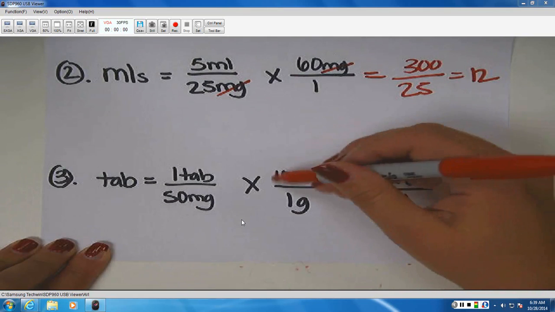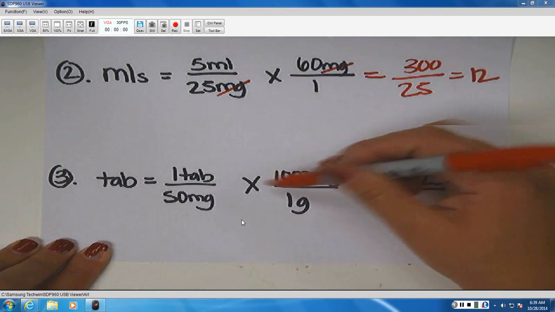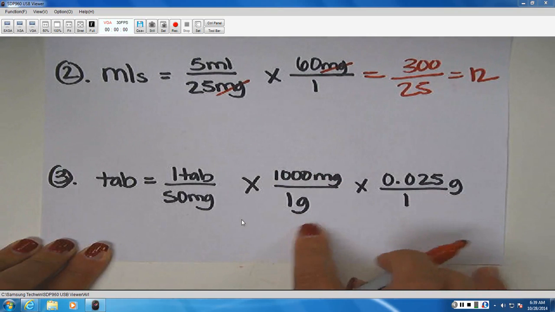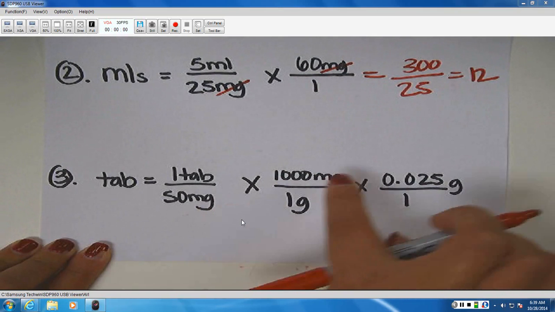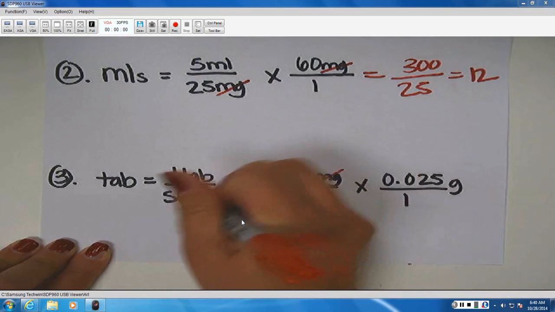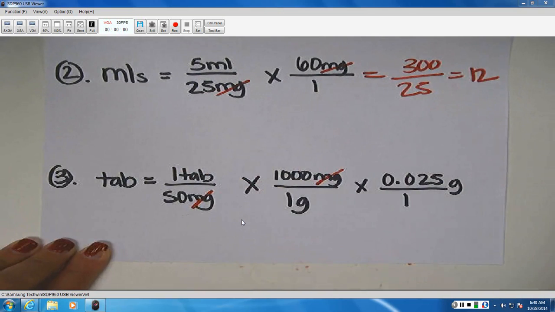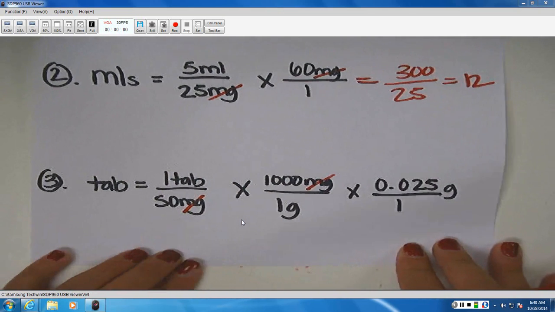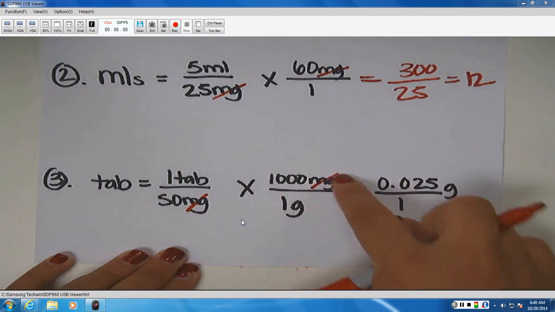So I have 1,000 milligrams in 1 gram. So I've got milligrams here. I've got to make sure that I put milligrams over here on this numerator so eventually I can mark them out when I go to multiply across. So then I have my 1,000 milligrams over 1 gram.